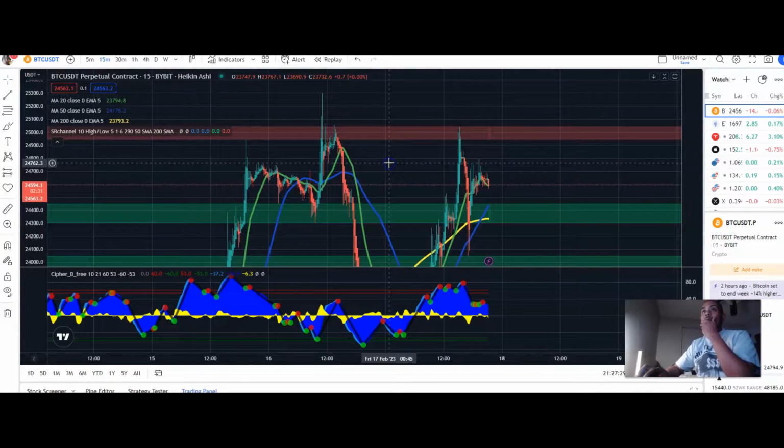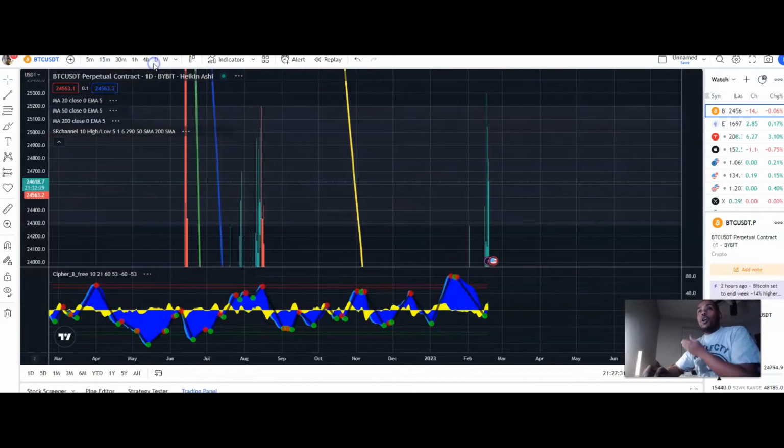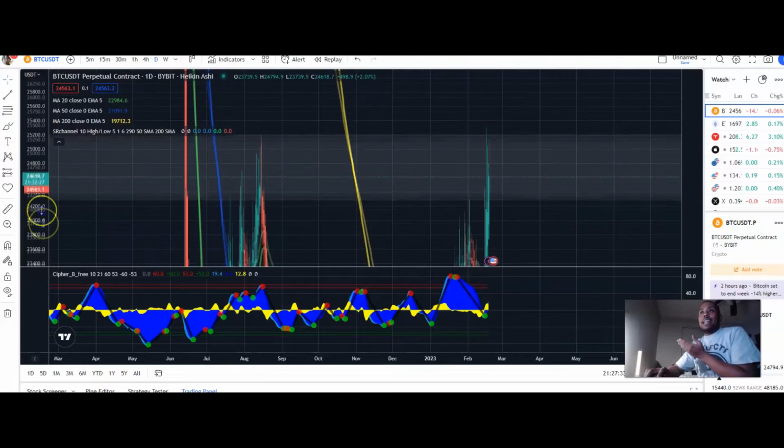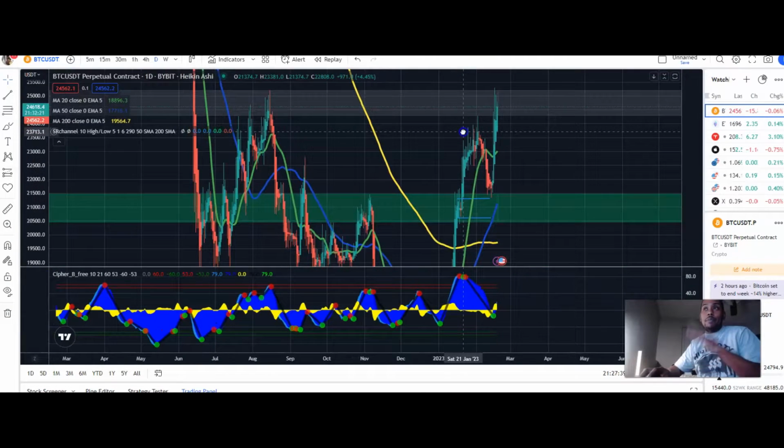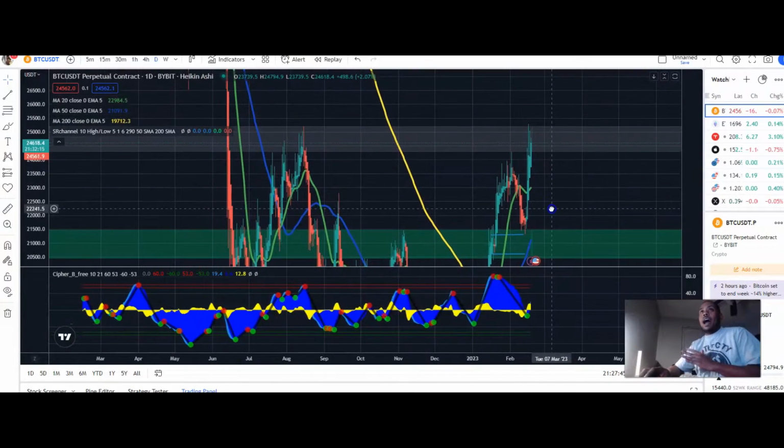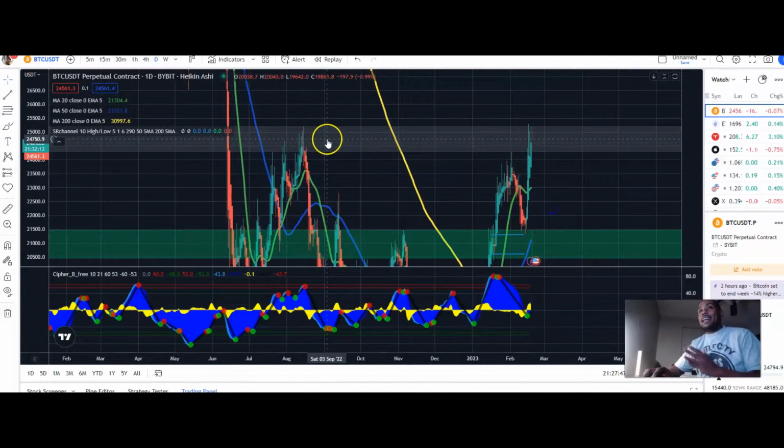From a long-term time frame, if we go out to the daily, this has been a level that we've been looking at for some time, even back when I think we were at like 22,000.